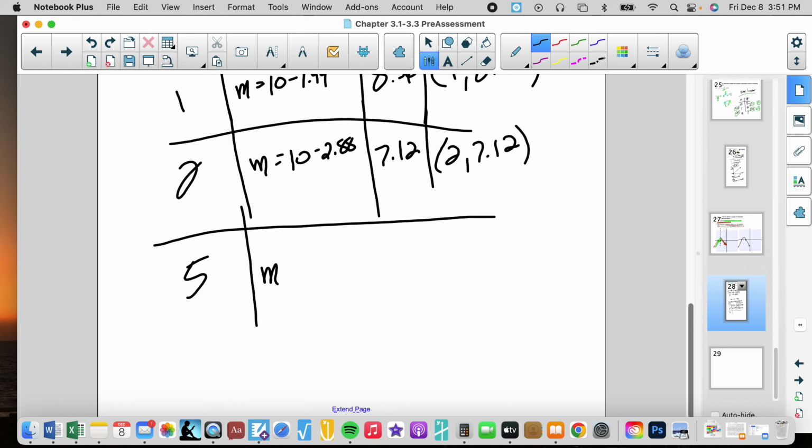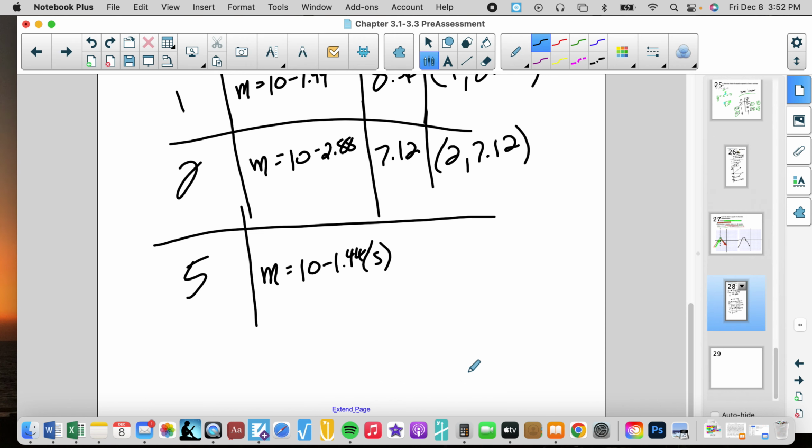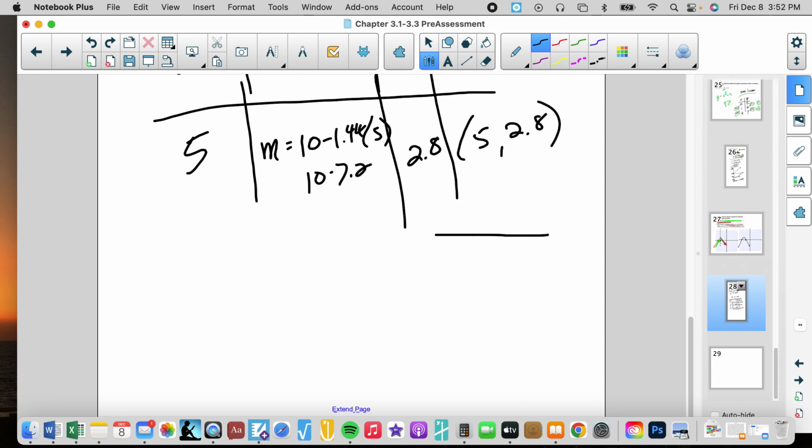Let's see, m equals 10 minus 1.44 times 5. 1.44 times 5 gives me 7.2. So that's 10 minus 7.2, which is 2.8. So $2.80 left if I buy 5 photos.